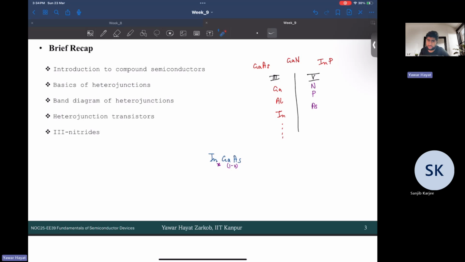Your lattice constant will be a function of x, your effective mass will also be a function of x, and your band gap will also be a function of x, right?